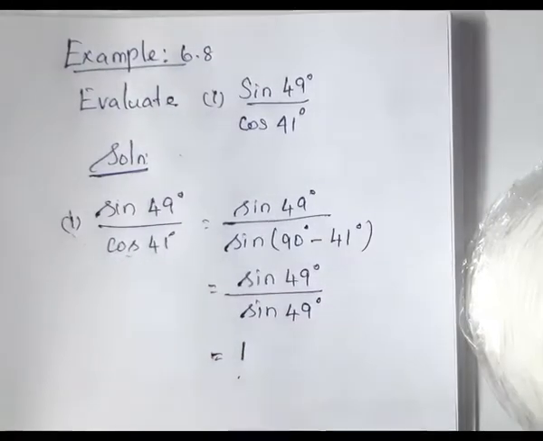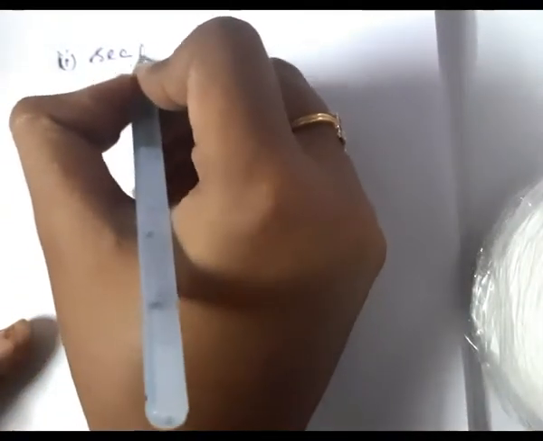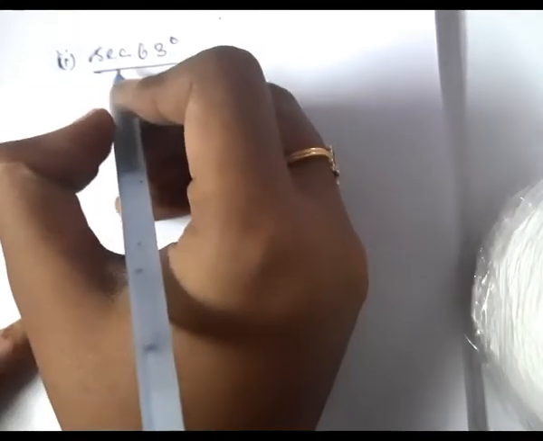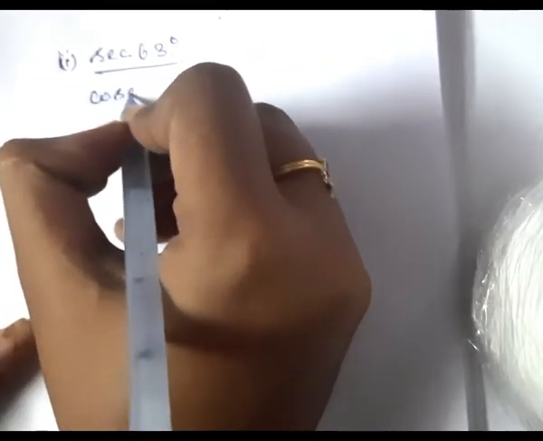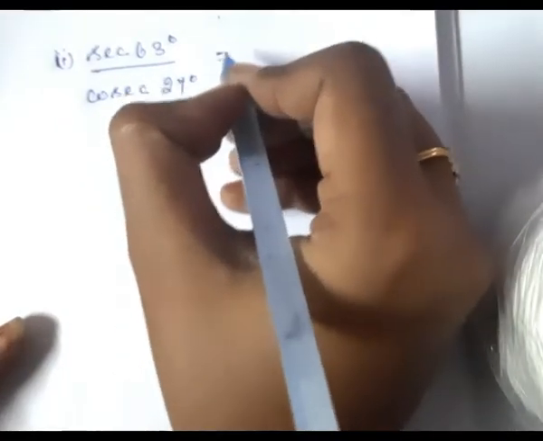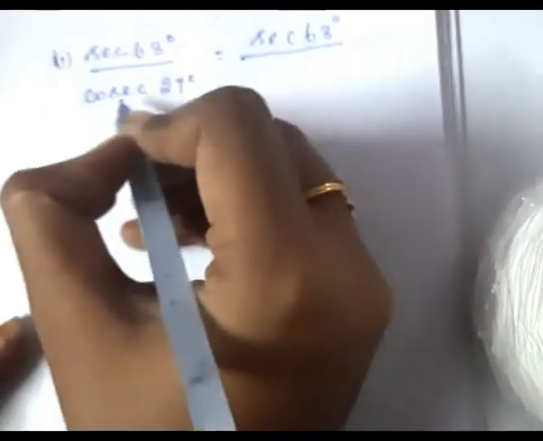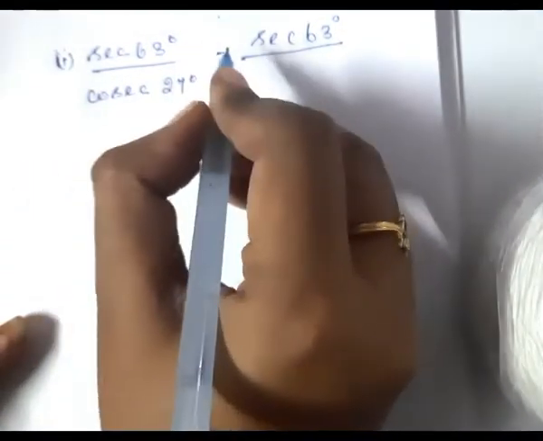Then the second one is secant 63 degree by cosecant 27 degree. That is equal to secant 63 degree by cosecant, we can rewrite it in terms of secant.